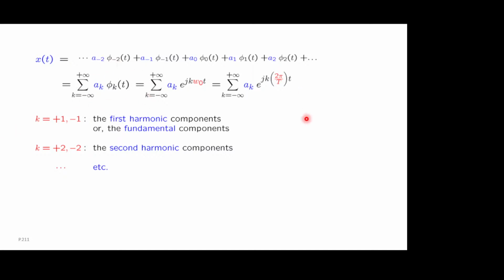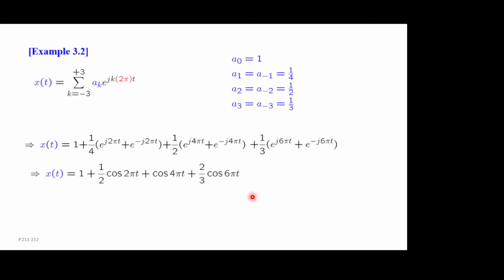And here's another way to see this, just a reminder: x of t will be summing over all those harmonics from minus infinity to plus infinity. First harmonic, second harmonic, etc. So let's see an example. There is really not much here.